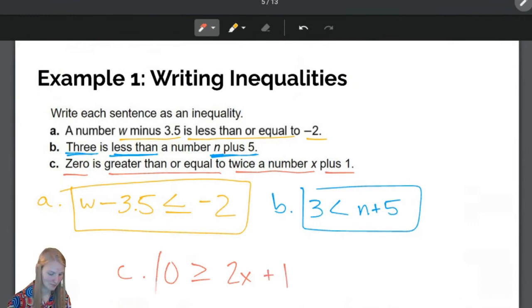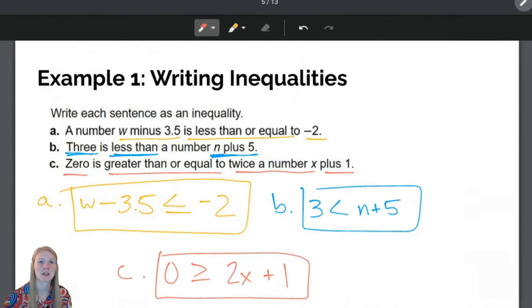Ta-da! And there you have it. Nice and simple. 0 is greater than or equal to twice, that's where the 2x comes from, a number x plus 1.